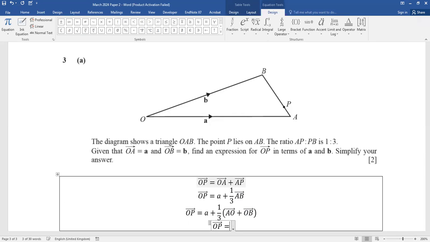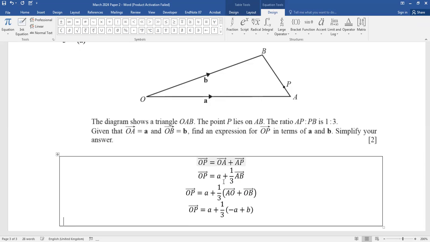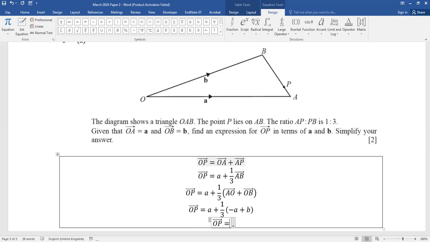So OP is A plus 1/3 of negative A plus B. So OP is A minus 1/3 A, which is 2/3 of A, plus 1/3 of B. This is how we should end up getting OP.